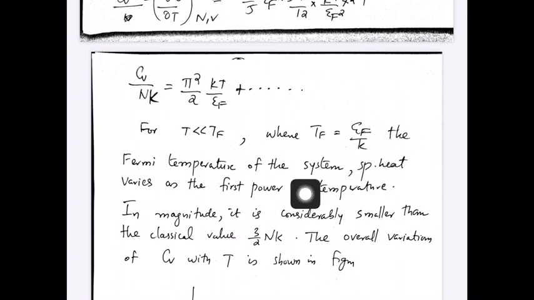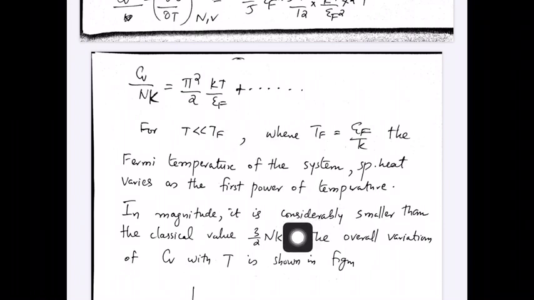So here, for epsilon f I can write kTf. The k gets cancelled, so we will have pi square by 2 T by Tf plus the remaining terms. So here we can write CV by Nk as a series of powers of T by Tf.